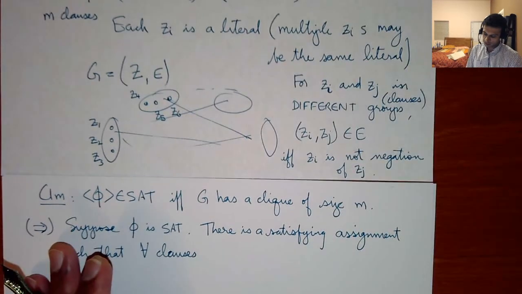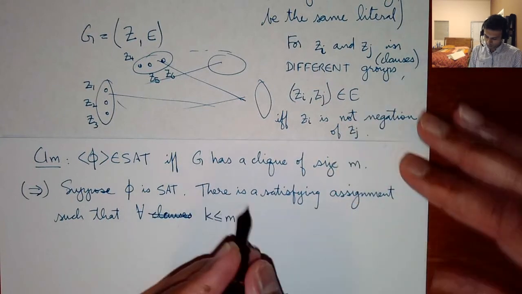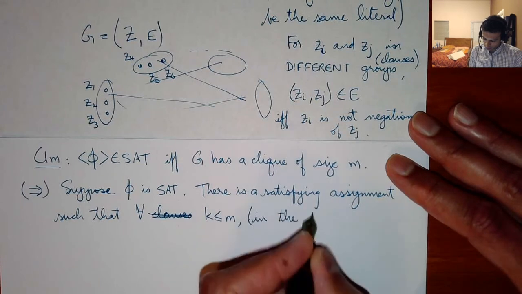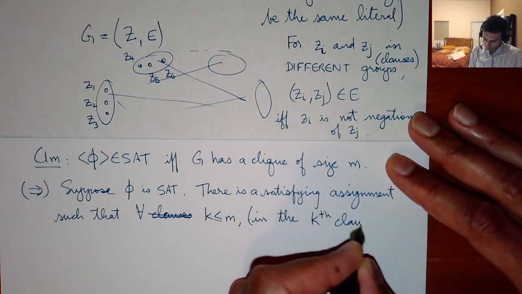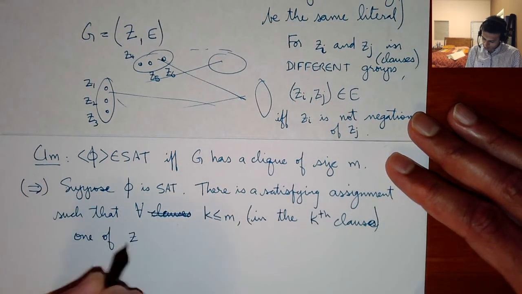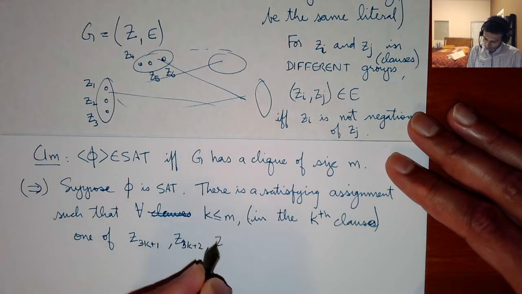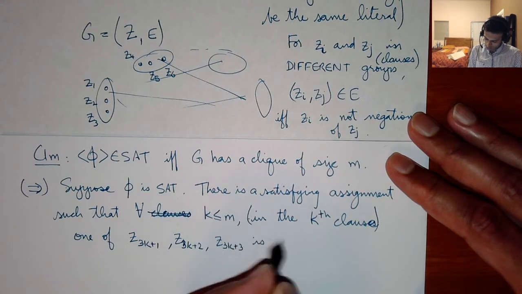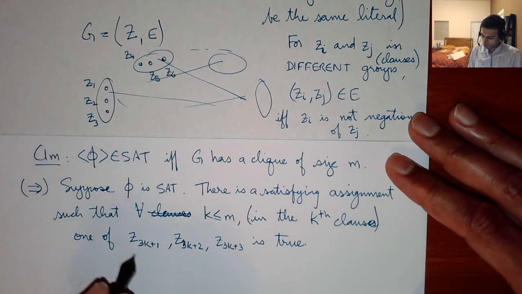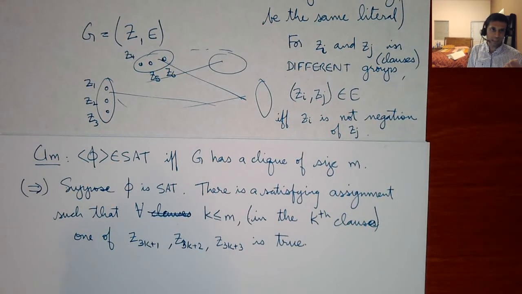So for all k less than or equal to m, in the kth clause, one of z 3k plus 1, z 3k plus 2, and z 3k plus 3 is true. Maybe multiple of them are true, but at least one of them is true.